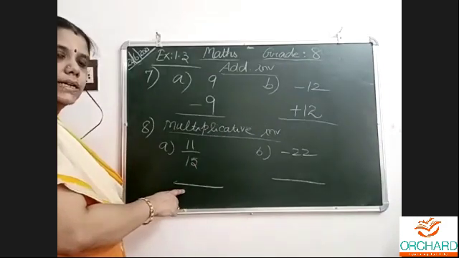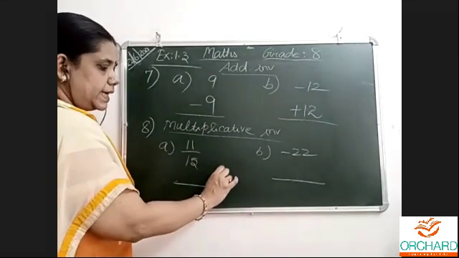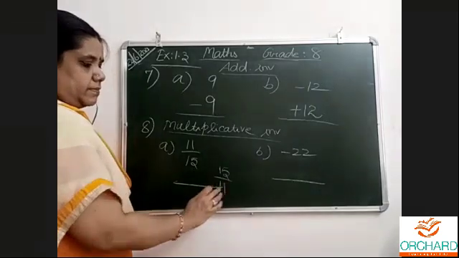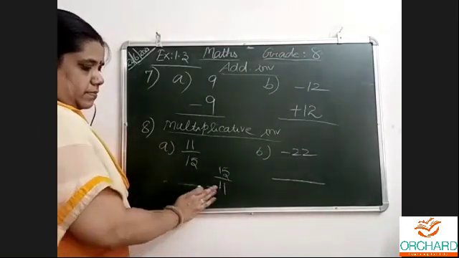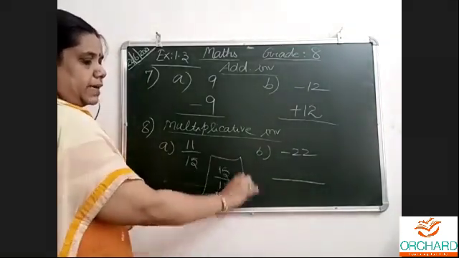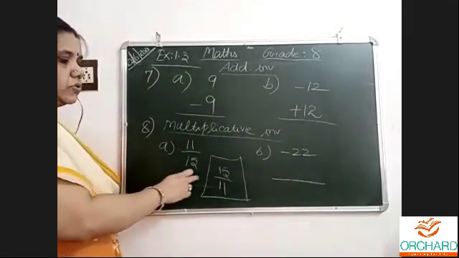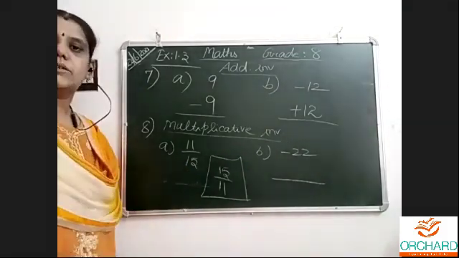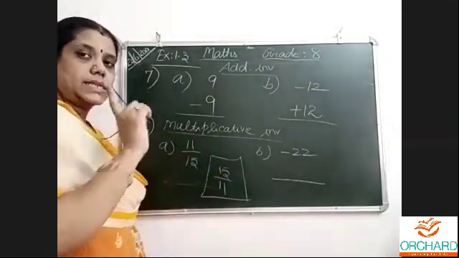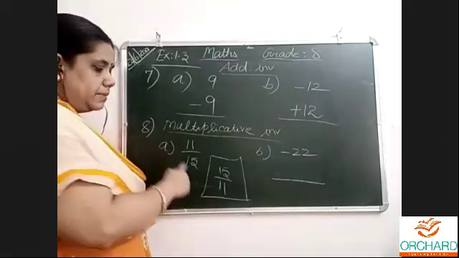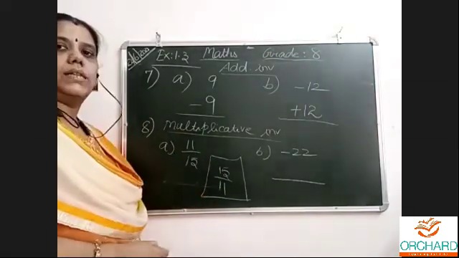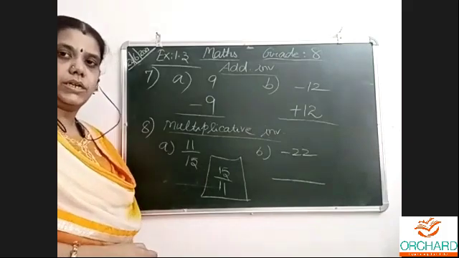What is the answer? 15 by 11. Numerator to denominator, denominator to numerator. Sign change should not be done. The number will become reciprocal. That is multiplicative inverse.